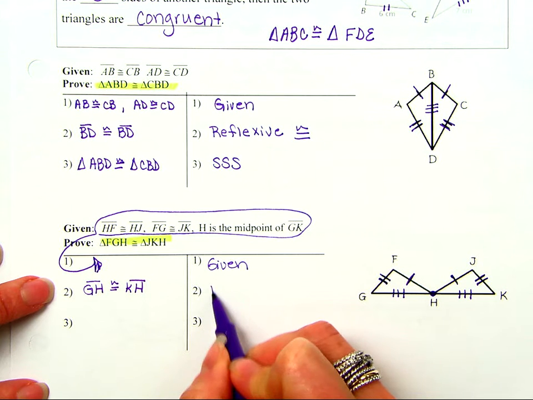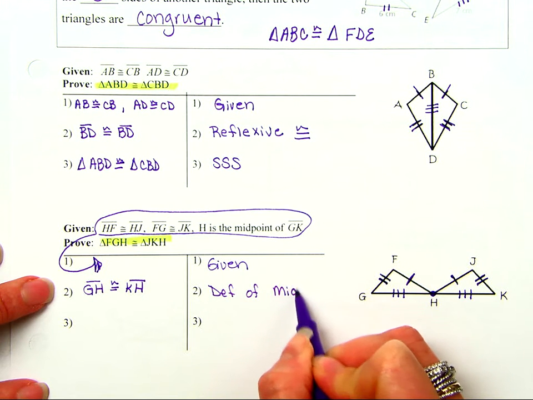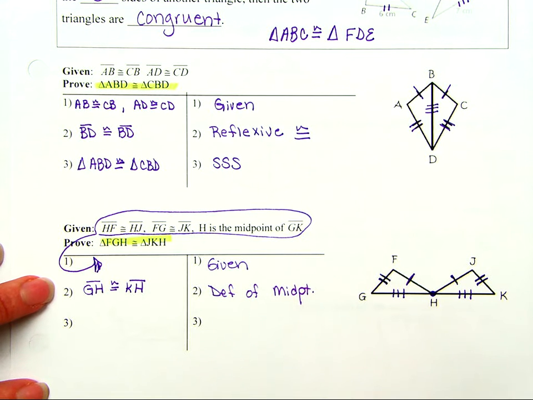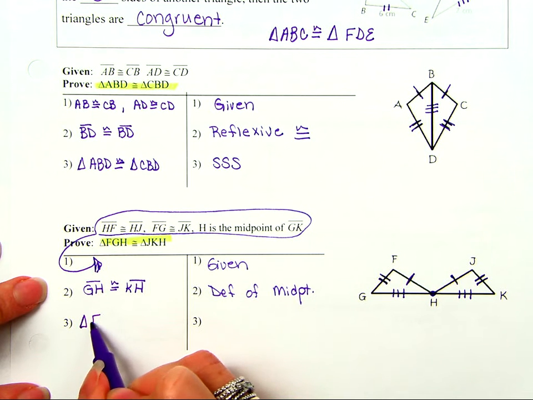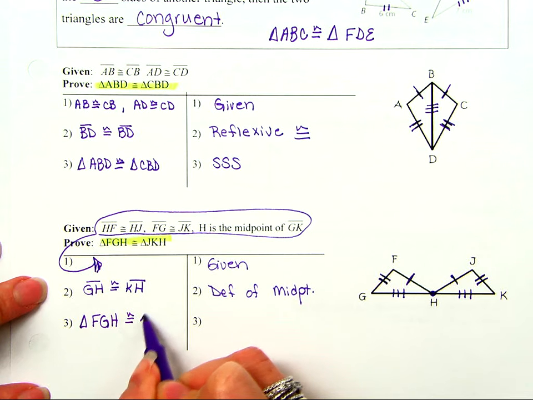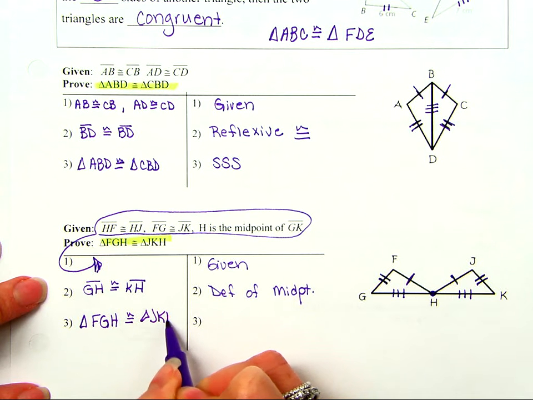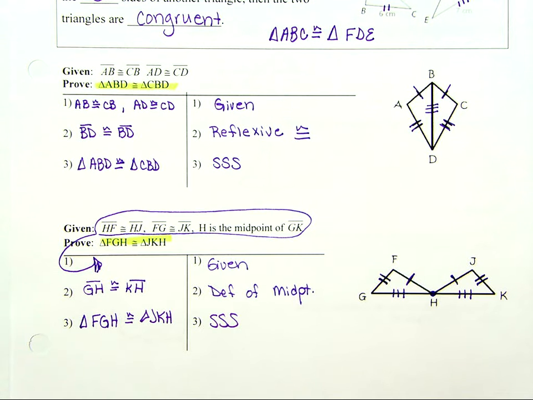How do I know that? Well, that will be because of my midpoint. And once again, I have now shown my two triangles congruent by the side-side-side shortcut. I don't necessarily know the specific angle measures, but because I used my shortcut, I do know that the corresponding angles would be congruent.